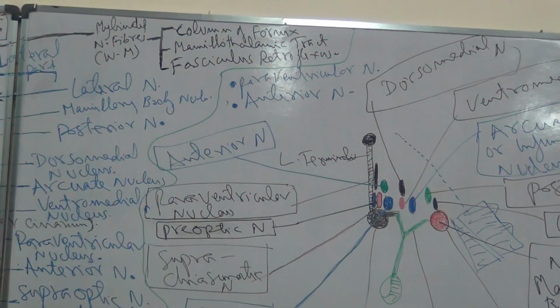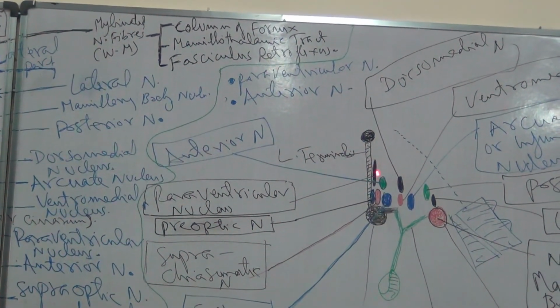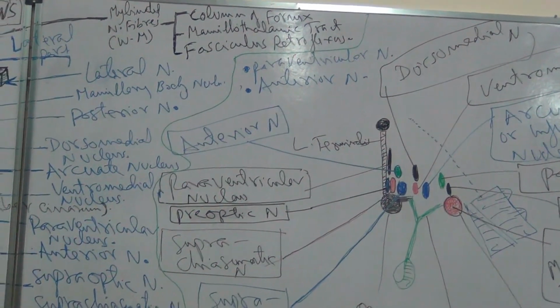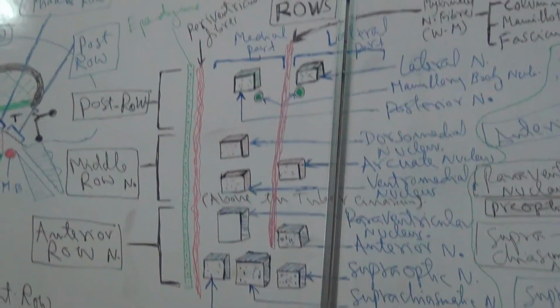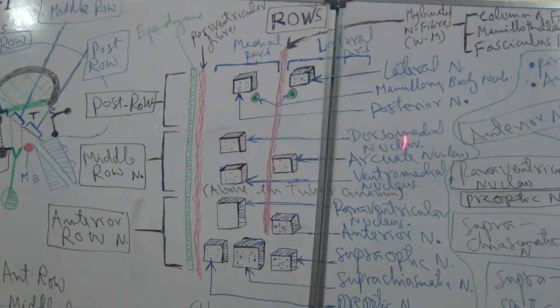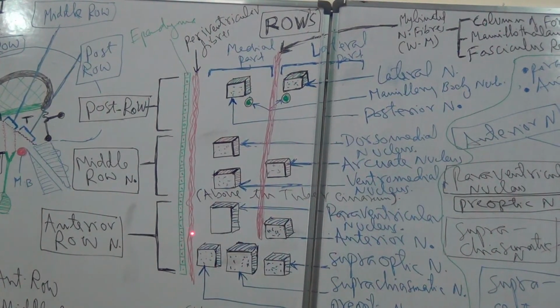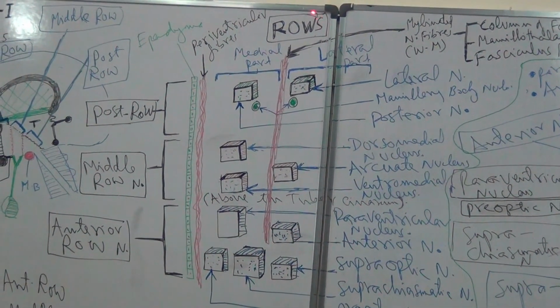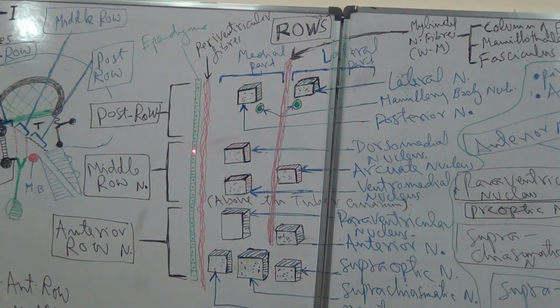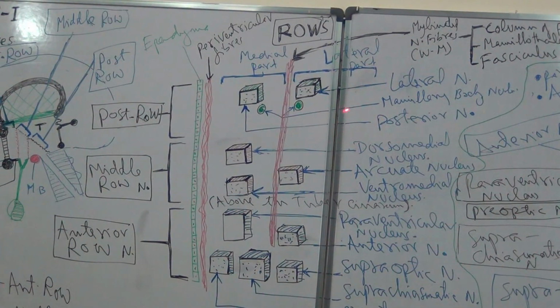The other way of describing these nuclei is defined by myself. It is easier to memorize, and I have divided these hypothalamic nuclei into three rows from before backward: anterior row nuclei, middle row nuclei, and posterior row nuclei.